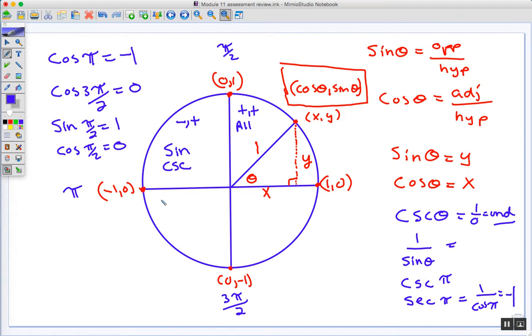In this third quadrant, sine is negative and cosine is negative. So the only thing that would be positive here, remember tangent of theta is equal to sine over cosine. So if these are both negative, a negative divided by a negative is positive. So tangent is positive in the third quadrant, and its reciprocal, which is cotangent.